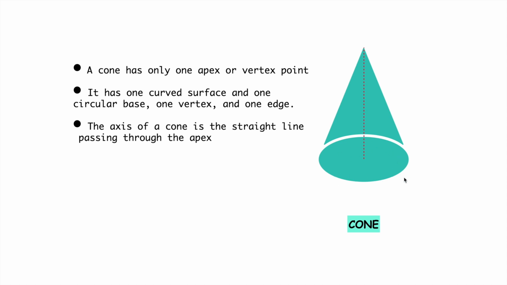A cylinder has two circular bases, but for a cone, we have one circular base, one apex and one edge. Got it? The axis of a cone, can you see the straight line? This is the axis. So the axis of a cone is the straight line that passes through the apex.